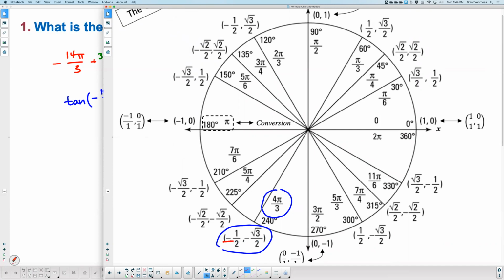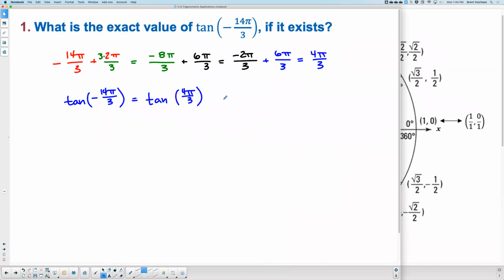That's why we say just treat the 2's as if they were h's and ignore them because they cancel one another out. So really, you're taking this y and dividing it by this x. So our value should be negative square root of 3 divided by negative 1. Now tell me about this. What's a negative divided by a negative? Positive. And square root of 3 divided by 1 is square root 3.